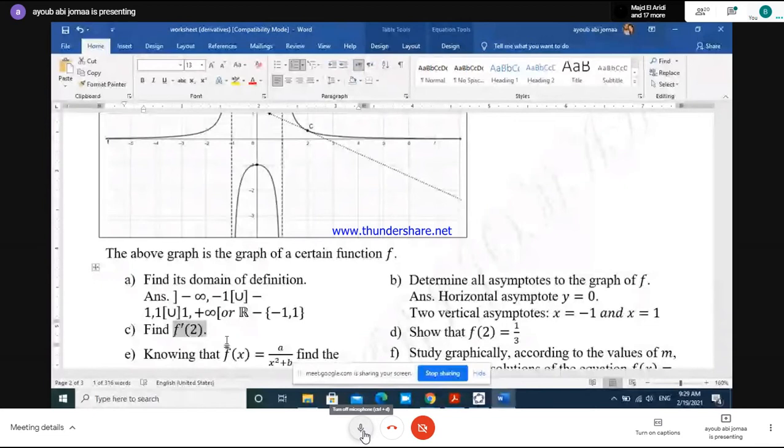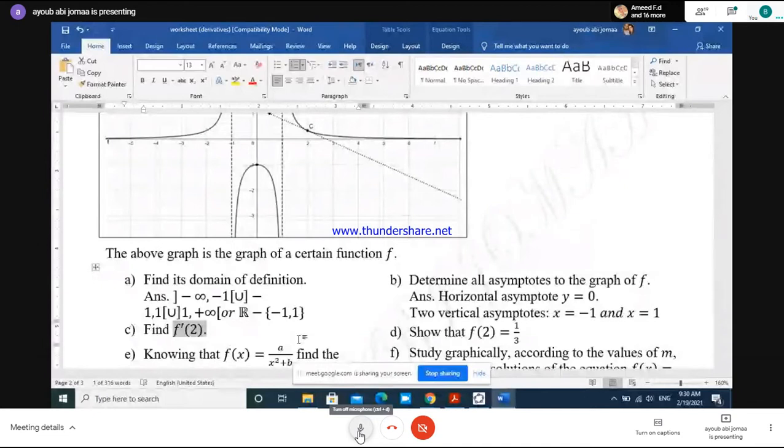The derivative is what? f of x minus f of a over x minus a. The derivative is the slope of the tangent line. The derivative is the slope of the tangent line.